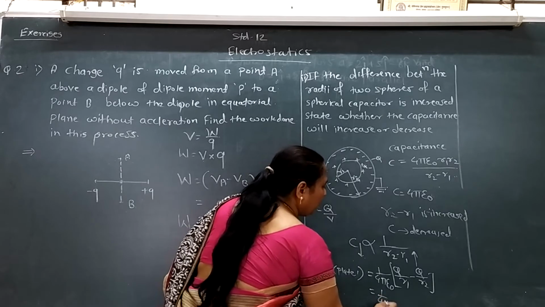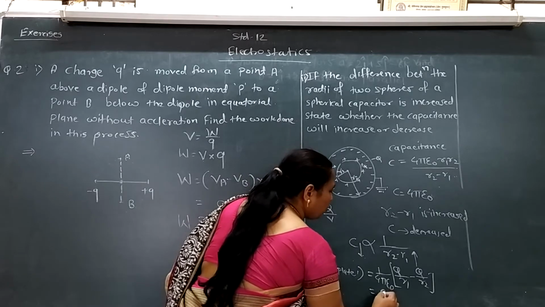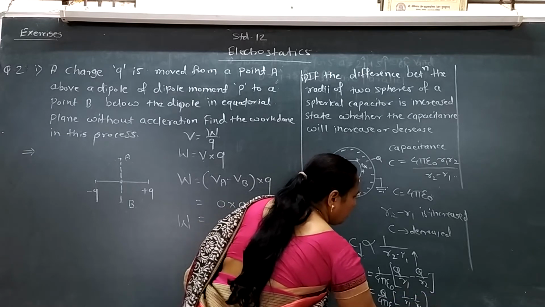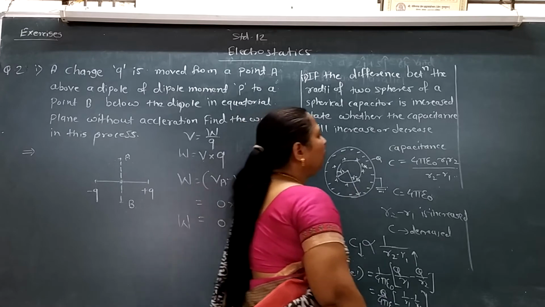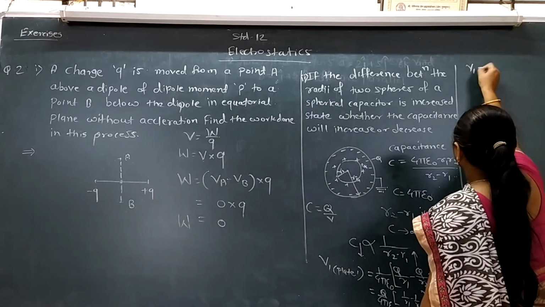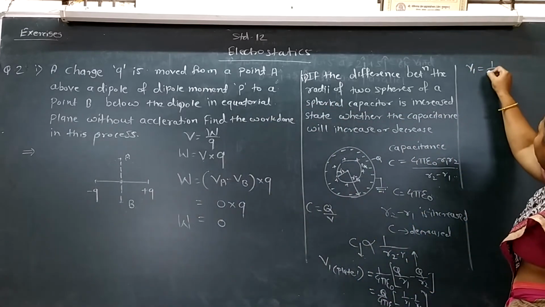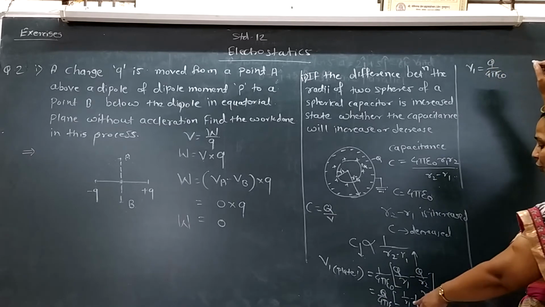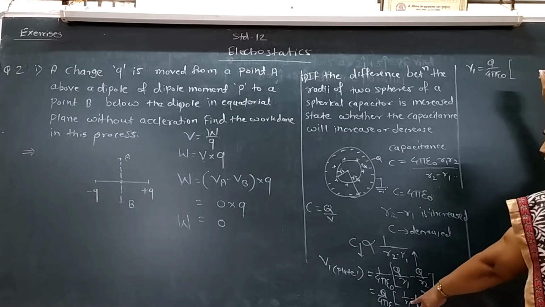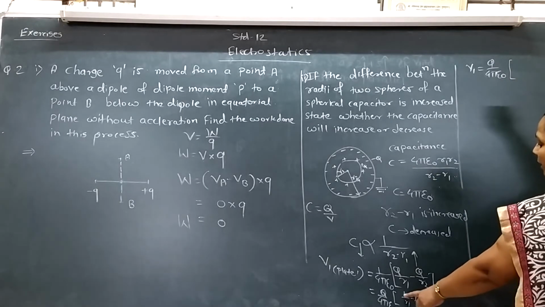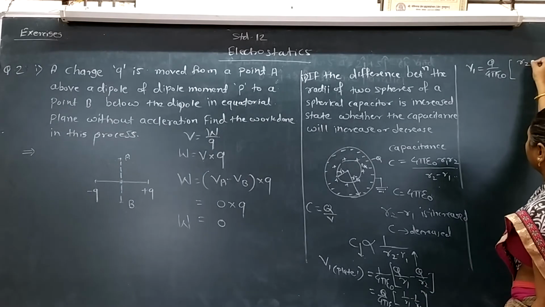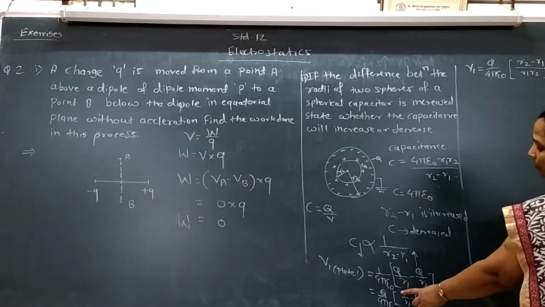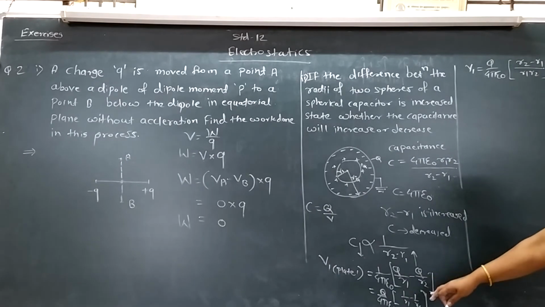Q is common, so V1 is equal to Q upon 4 pi epsilon 0, in bracket, 1 upon R1 minus 1 upon R2, which is R2 minus R1 upon R1 R2. That is the potential.